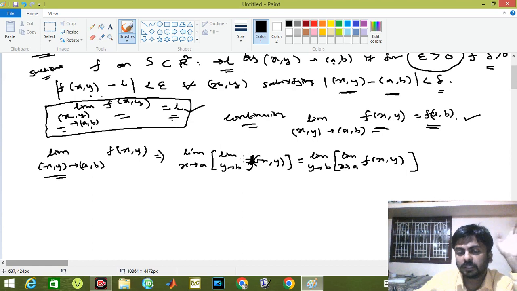Repeated limits means that first we are finding y tends to b, after that x tends to a; or first x tends to a, and after that y tends to b. So we are repeating the limits for calculating.